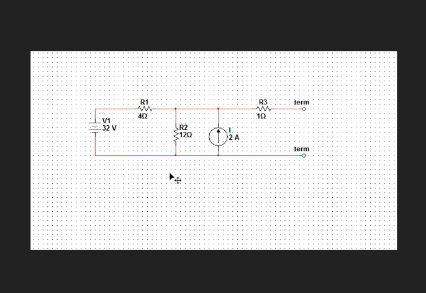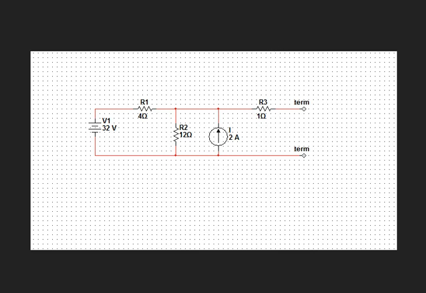So according to Thevenin's Theorem, to calculate the equivalent resistance, which is R Thevenin, we need to remove any current source and replace it with an open circuit, and replace any voltage source with a short circuit.